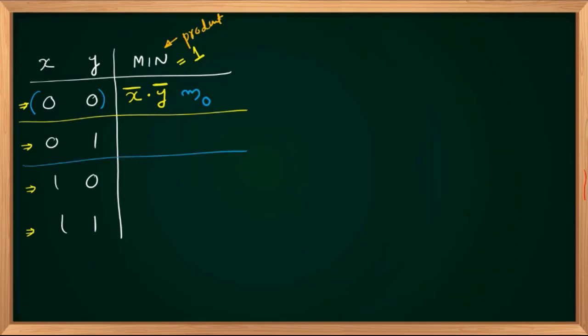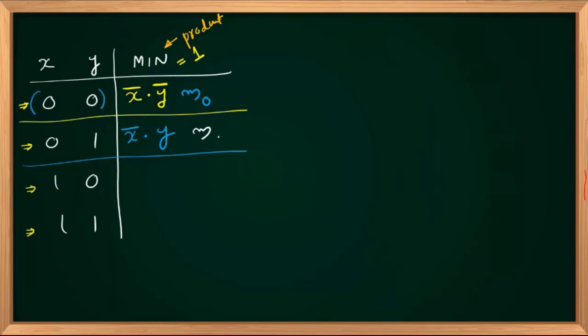Look at second entry. Second entry, x equal to 0, y equal to 1. If x equal to 0, y equal to 1, the product term should return again a logic 1. Then I should write x complement, right? Dot with a y, correct? Because x equal to 0, x complement will be 1, y is anyway 1, so product will be 1. And index is decimal equivalent of 0, 1.